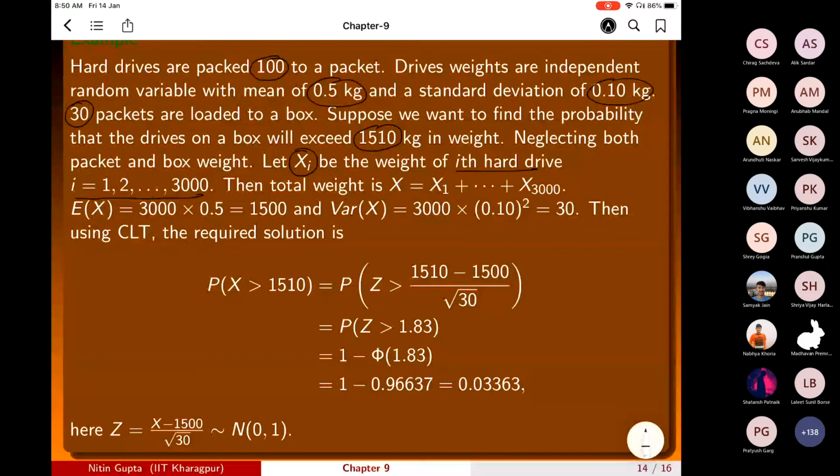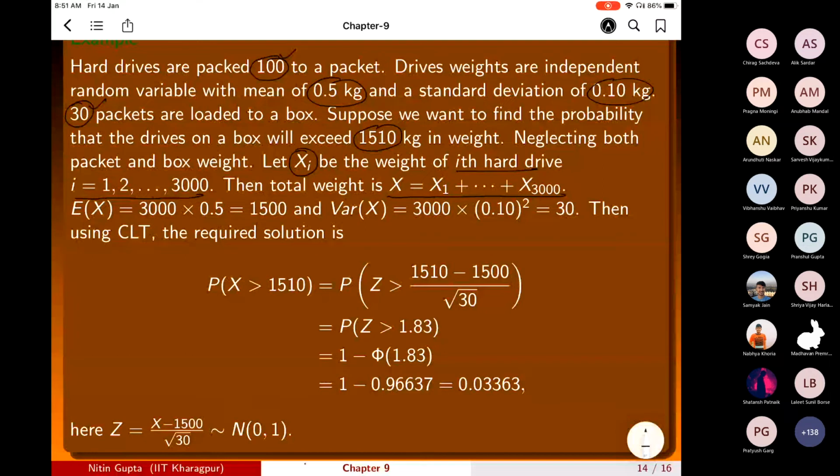Then total weight is, because hard drives are packed 100 and packets are 30, total hard drives are 3000. So total weight will be X1 plus X2 plus ... plus X3000. And what is the mean?